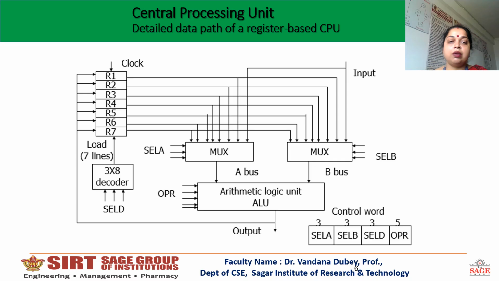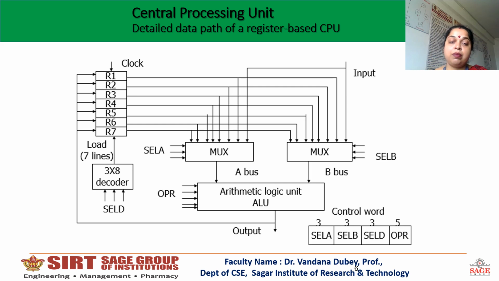The ALU performs the operation specified by the OPR signal. The result from the ALU is sent back to the register selected by select D. The load signal ensures that the correct register captures the result. The cycle repeats for each instruction, enabling complex computations.